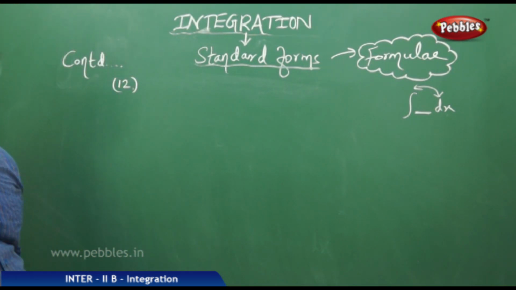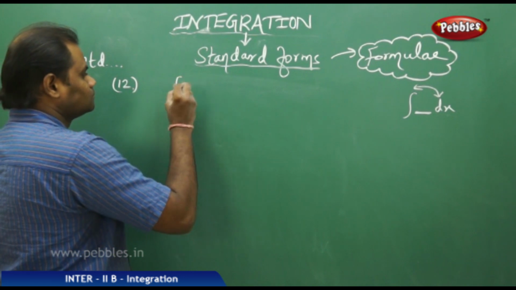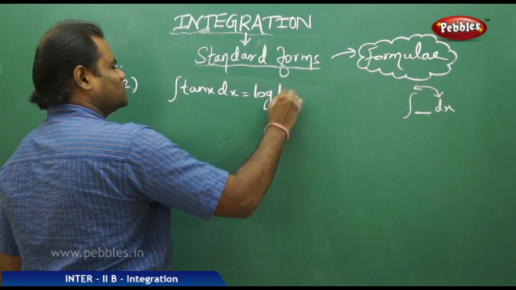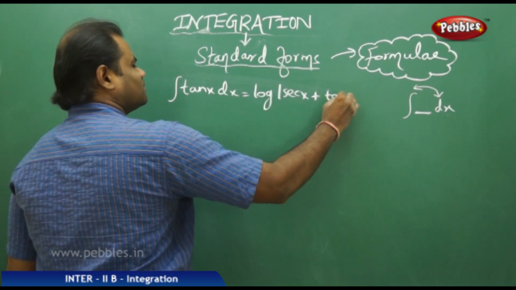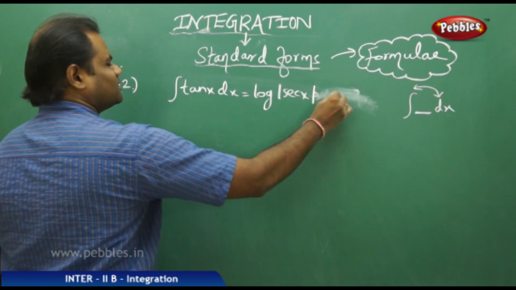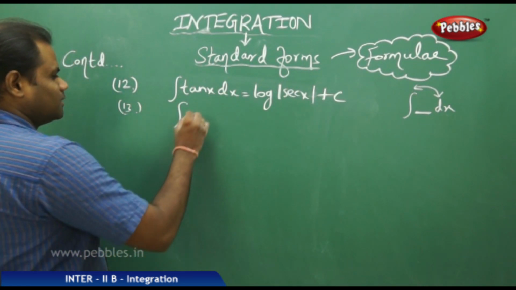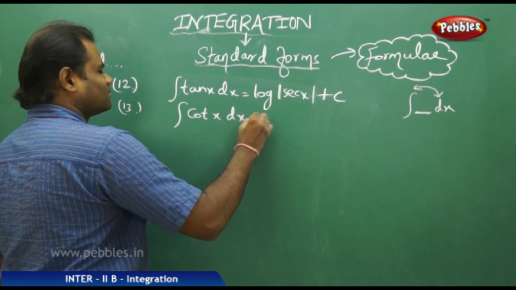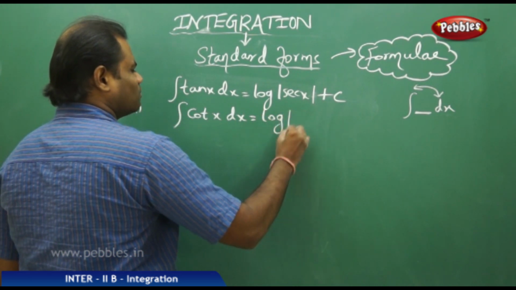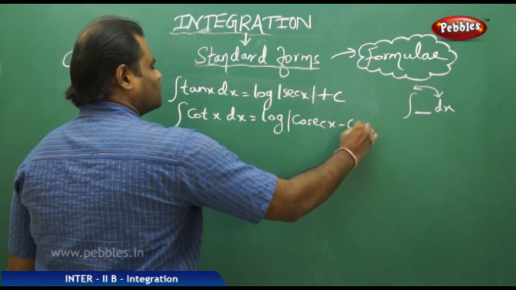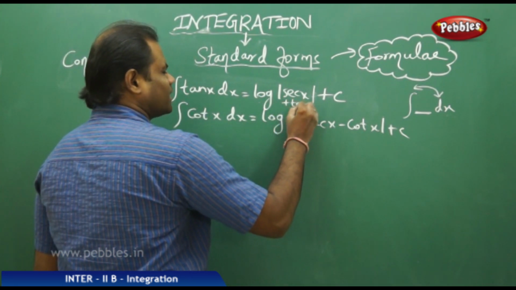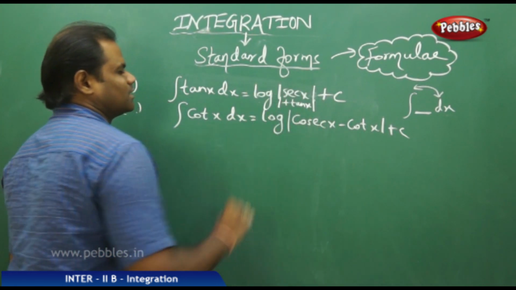Now continued, we have integral tan x is log mod secant x plus c, and integral cot x is log mod cosecant minus cot plus c, and integral secant x is log mod secant x plus tan x plus c.